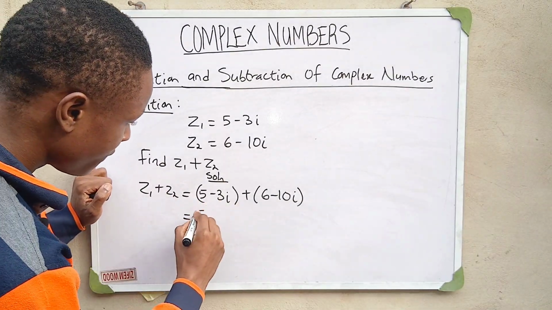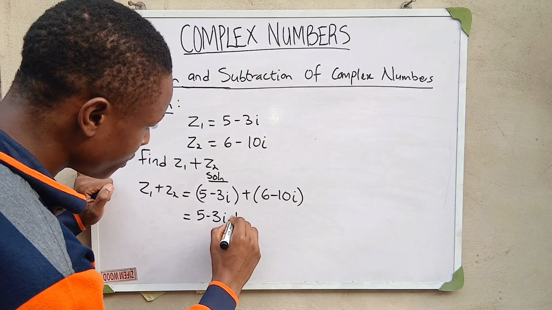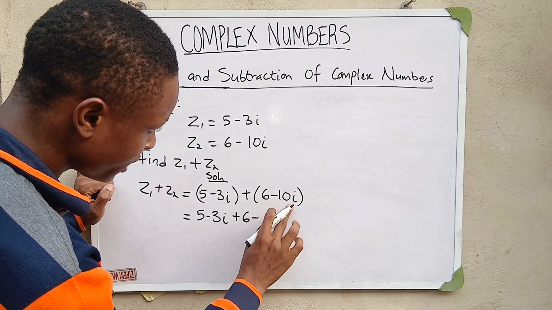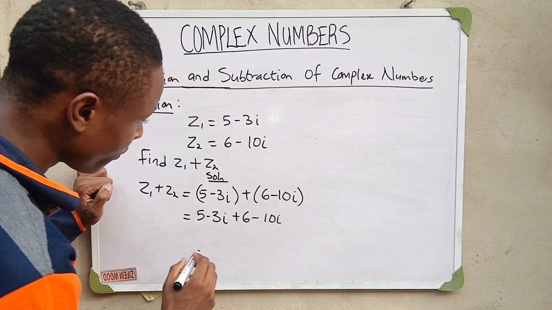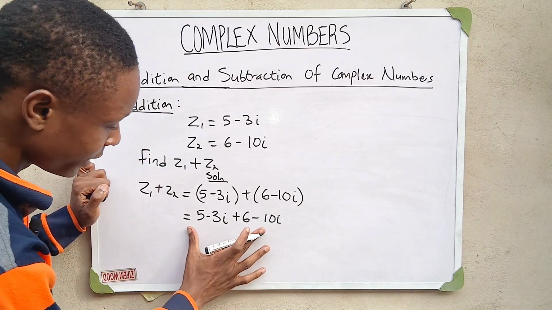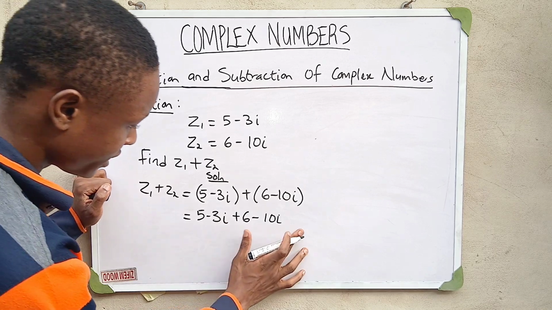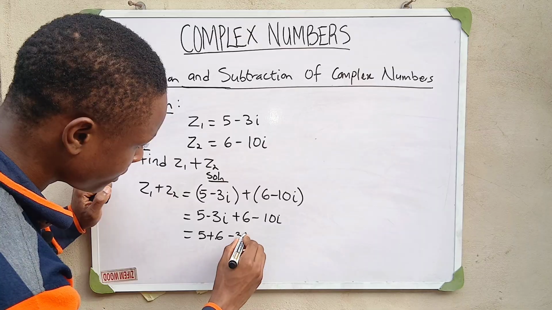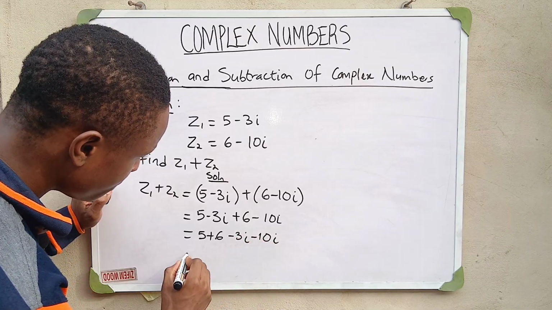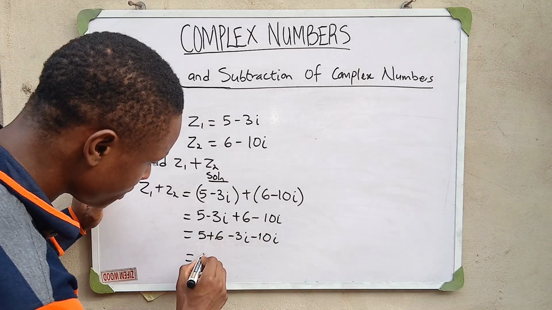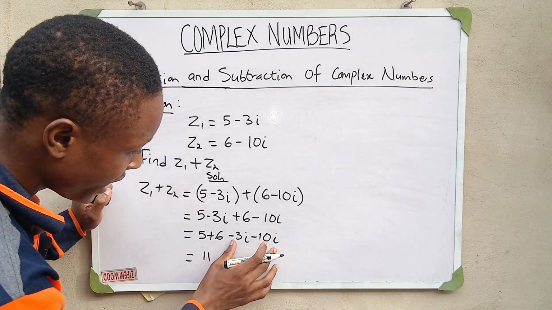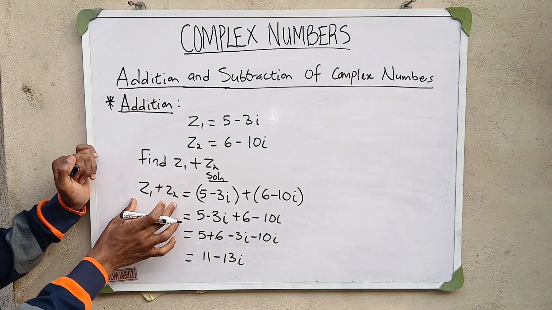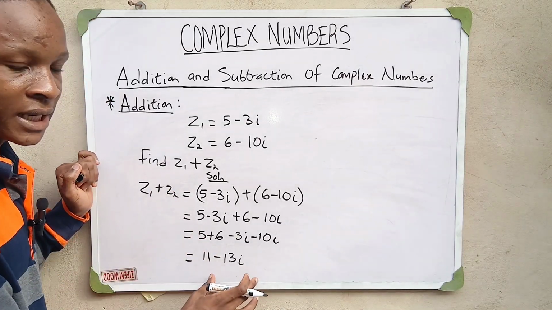Plus times minus gives us minus 10i. So collecting like terms, we take the real part and the imaginary part. We have 5 plus 6 and minus 3i minus 10i, which is equal to 11 minus 13i. So the value of z1 plus z2 is 11 minus 13i.